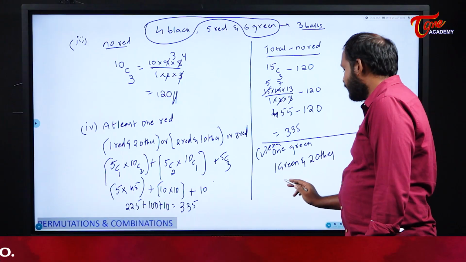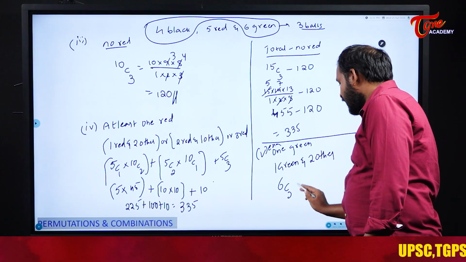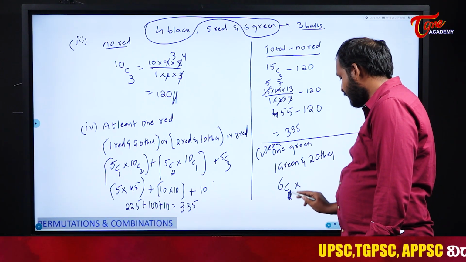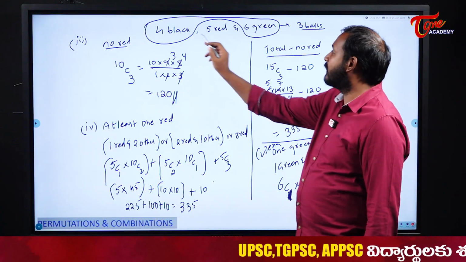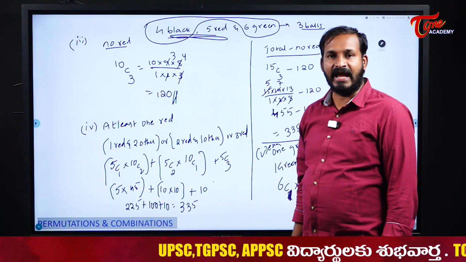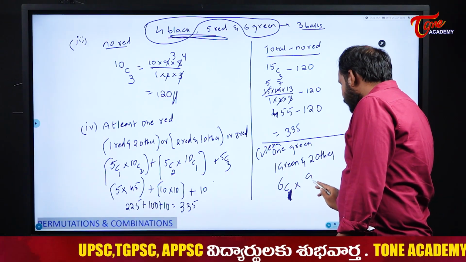One green, how many ways can I pick? 6C1, because only one. Two others: the remaining black and red are 9 in number, and from those 9 I need to choose 2.